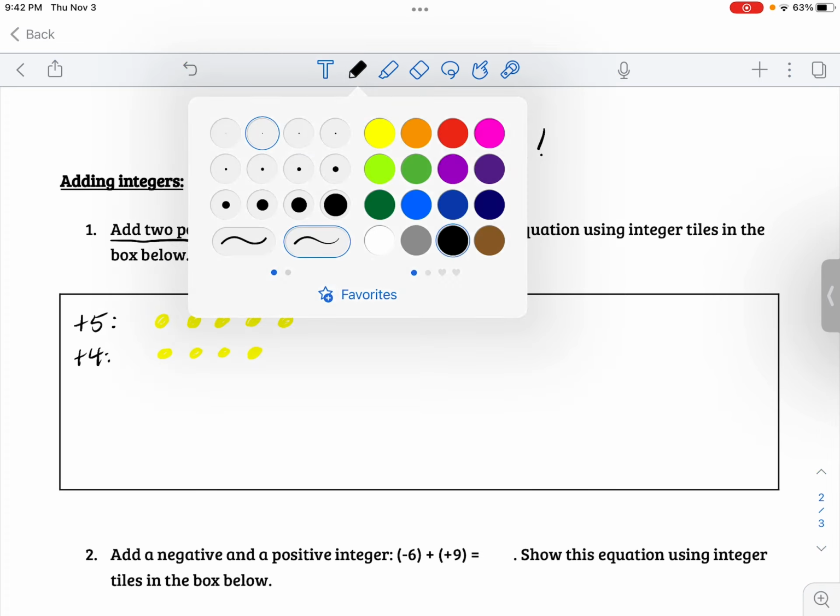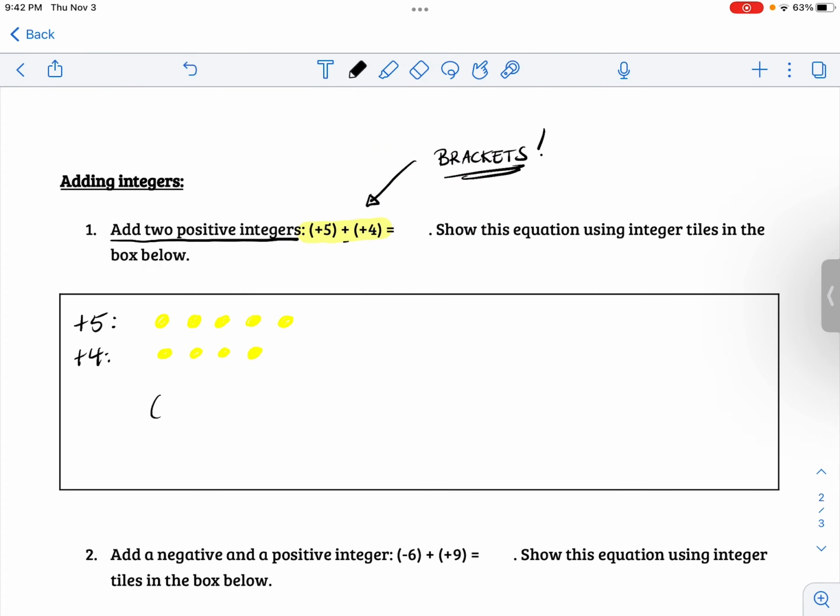I am going to rewrite the equation, so I'm getting used to using brackets with integers. Positive 5 plus positive 4 equals positive 9. Okay, and we know we've got positive 9 as our answer because we have 9 positive tiles in total. So that example is straightforward because you have 2 positive integers.